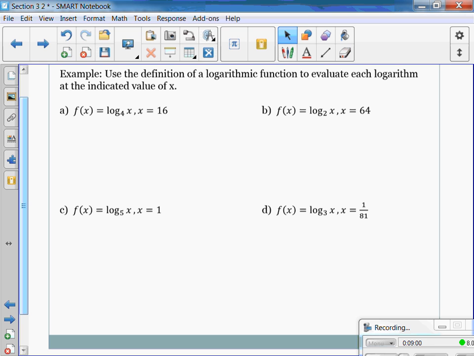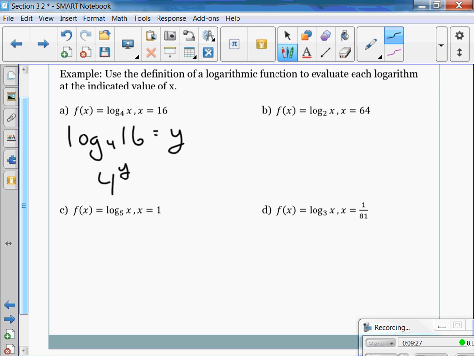Here we have f of x is log base 4 of x, and we want to evaluate it with x equals 16. So we're looking at log base 4 of 16 equals some number, my y. So how do I write this exponentially? 4 to the y equals 16.